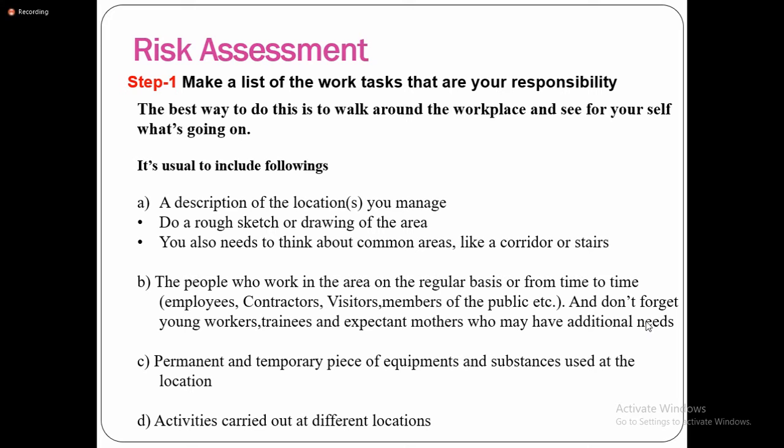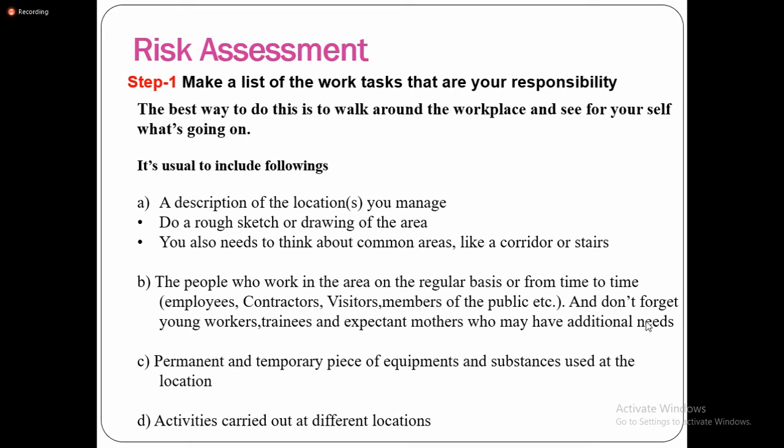And also sometimes young workers, maybe trainees, or expectant mothers, pregnant women, who may have additional needs, disabled persons, likewise. You have to identify who are the people around that sort of area.